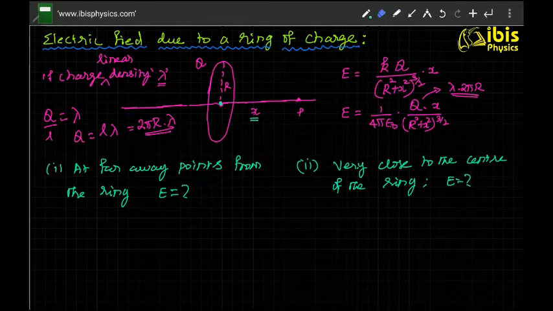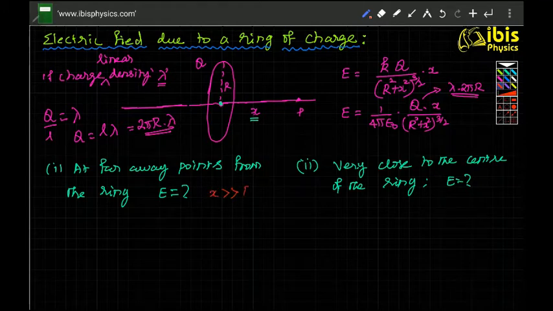So far away points means x is so large compared to r, then x square is even larger compared to r square. When you add x square with r square, because r square is very small, the total value becomes almost equal to x square.